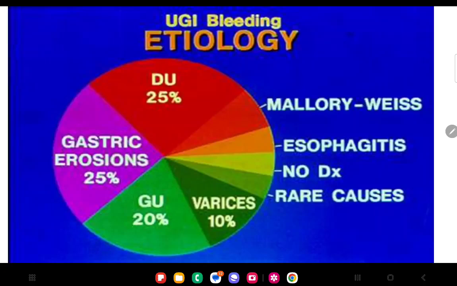This diagram summarizes the etiology of upper GIT bleeding, and you can see peptic ulcer disease has the upper hand. Maybe 50% is due to peptic ulcer disease.